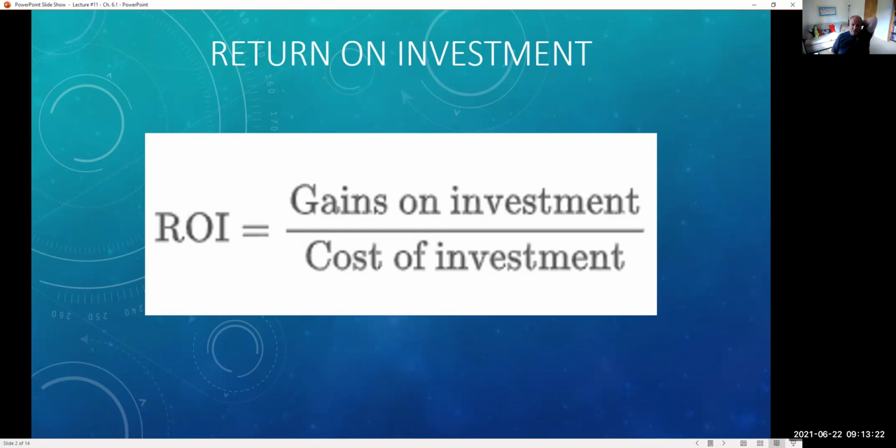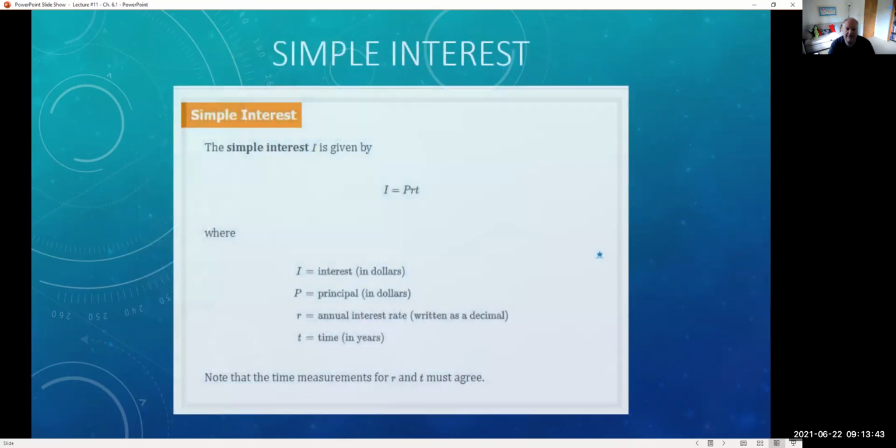You will see situations like that in WebAssign and in your examples in the textbook when you do your practice, where they are giving you information and it's on you to get it, that the cost of the investment is all the money you invest plus the fees it costs to invest, and that the gains are any and all new money coming in as a result of you making that investment. Okay, so return on investment comes up over and over again in the chapter.